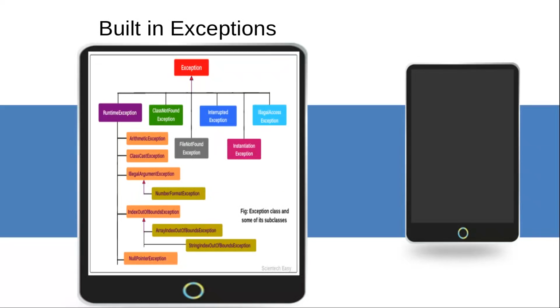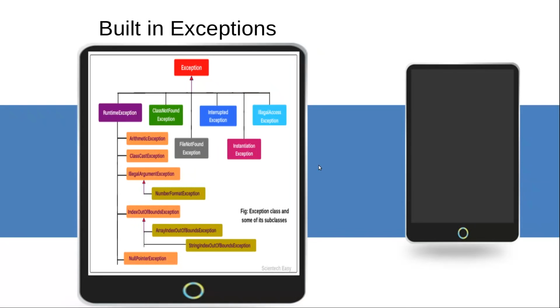So basically, in the Exception class, we have some built-in exceptions. They are RuntimeException, ClassNotFoundException, FileNotFoundException, InterruptedException, InstantiationException, IllegalAccessException. Here, the runtime exceptions are ArithmeticException, ClassCastException, IllegalArgumentException, IndexOutOfBoundsException, and NullPointerException. Here again, inside the IllegalArgumentException, we have the NumberFormatException.